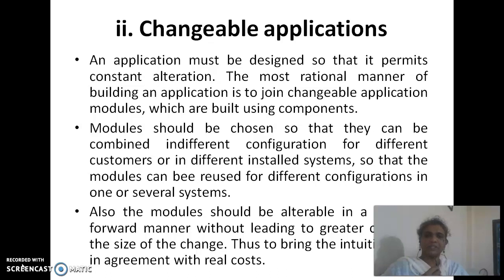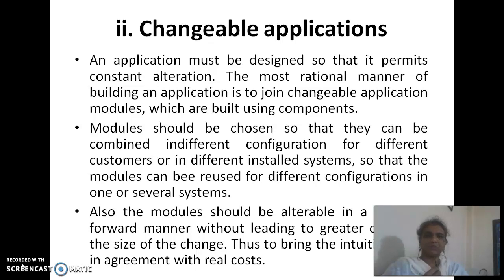Then coming to the changeable applications. An application must be designed so that it permits constant alteration. The most rational manner of building an application is to join changeable application modules which are built using the components.